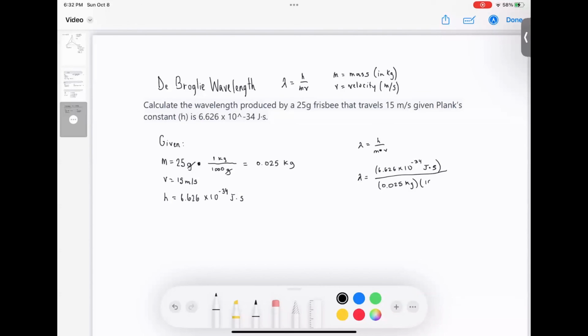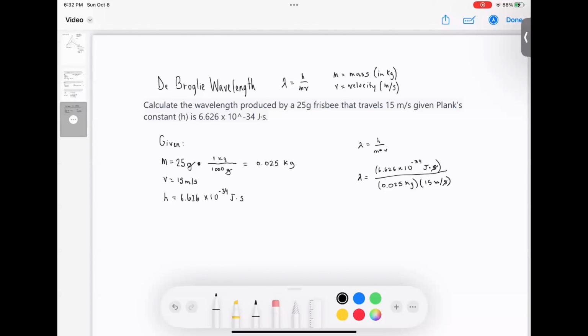Your velocity is 15 meters per second. Awesome. All right, and then if you take a look, meters, seconds cancel. Now this is a little bit complicated: joules over kilograms divided by meters.